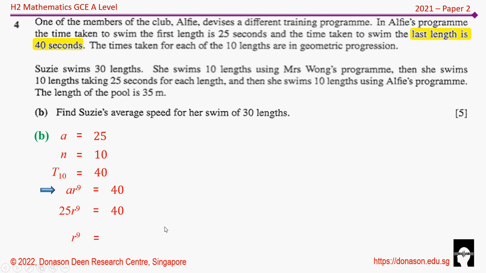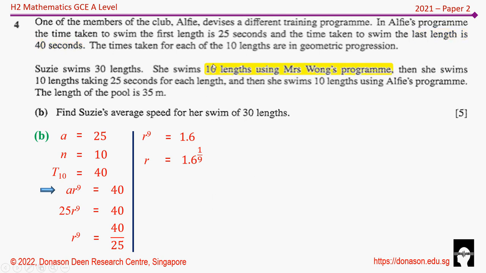And r to the power of 9 should be 40 divided by 25, which can be simplified to 1.6. So the value of r, the common ratio, is going to be 1.6 to the power of 1 over 9. That is going to be the common ratio for Alfie's training program.